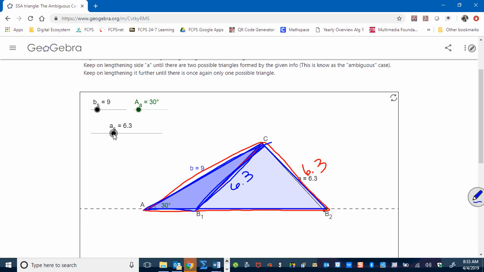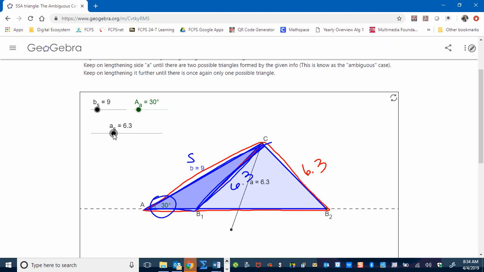So given an angle, this angle A is not going to change, because we're given angle, side. That angle is not going to change. This side is not going to change. That third side is not going to change. That side A is not going to change. But it creates 2 different triangles.